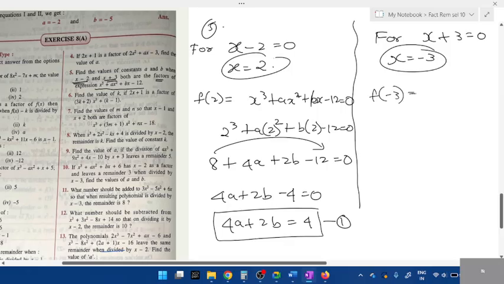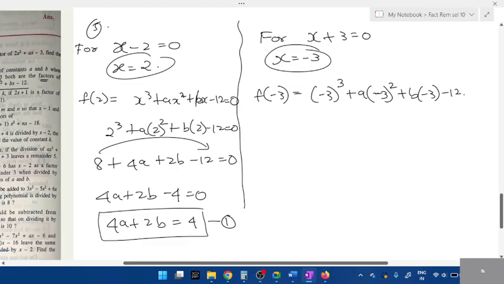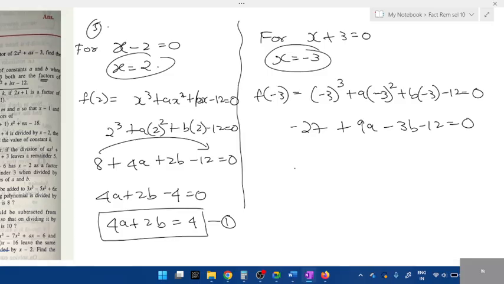F of minus 3 is equal to, use the same equation, equal to 0. Minus 27 plus 9a minus 3b minus 12. Is it clear? All of you understood? Respond. Then you'll get the second equation.